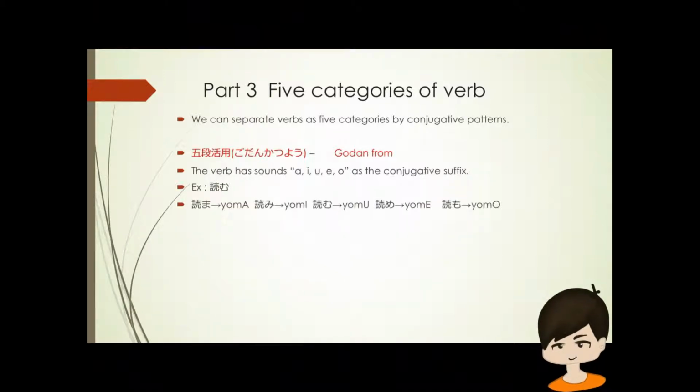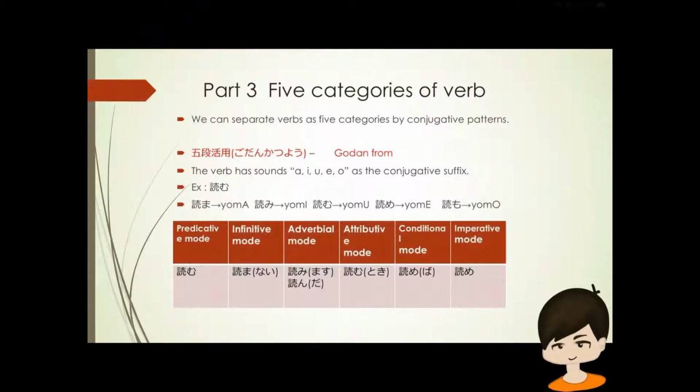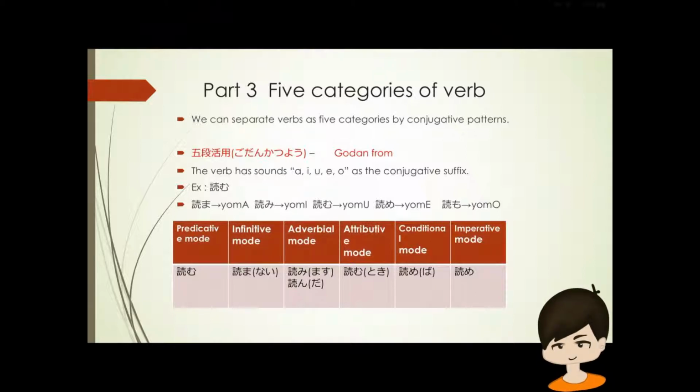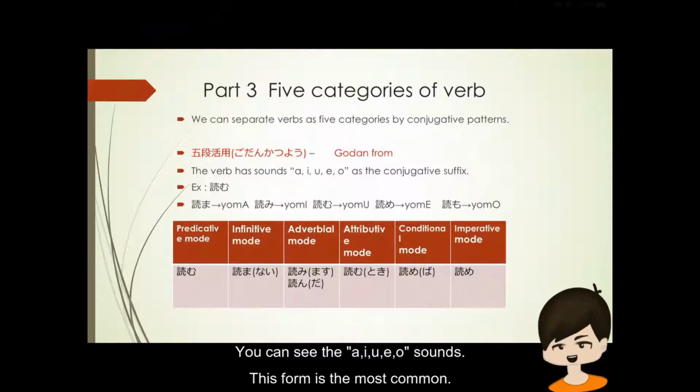You can see each mode on this list. Yoma, yomi, yomu, yome, and yomo. In this list, you cannot see yomo, but you can say yomo. It means let's read. You can see the aiueo sounds. This form is the most common.